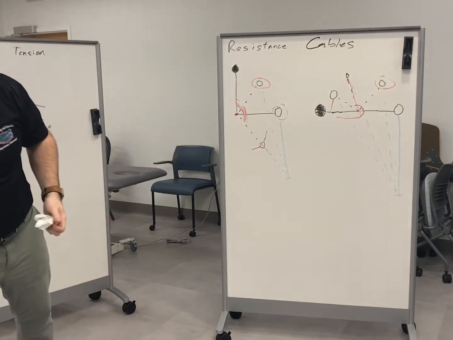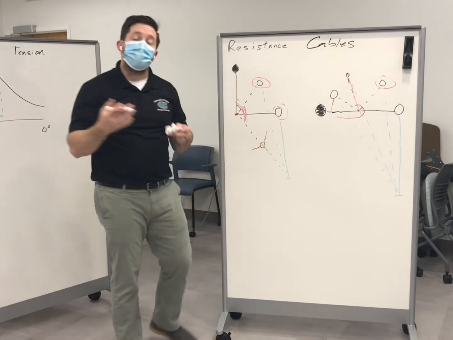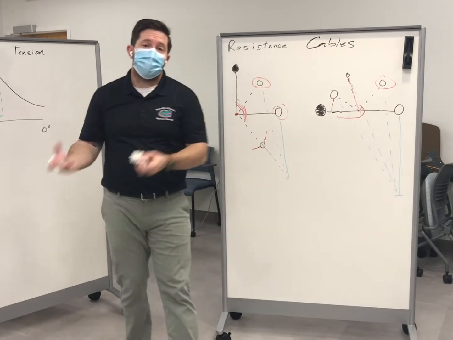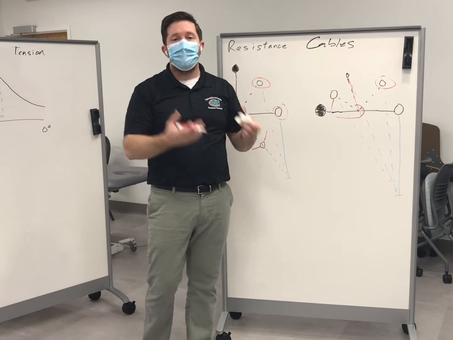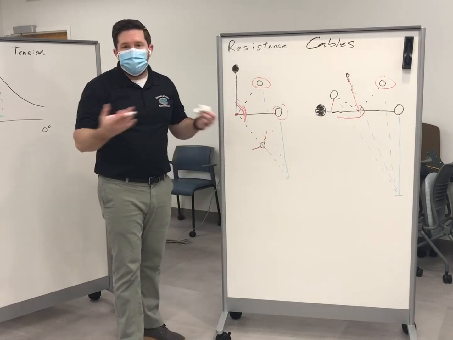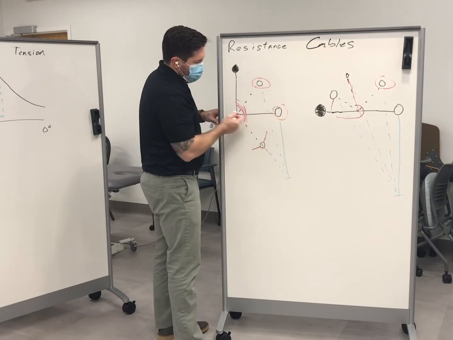Now, if we take this whole thing out of there and move this over to resistance cables, it's a very similar process as far as your anchor is concerned. However, now the resistance being provided through the cable is the same. You don't have an increase in elasticity, because now you're using a cable. So in that case, this lever arm is now going to be maximized.